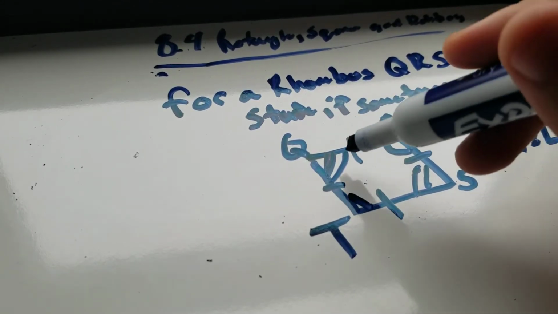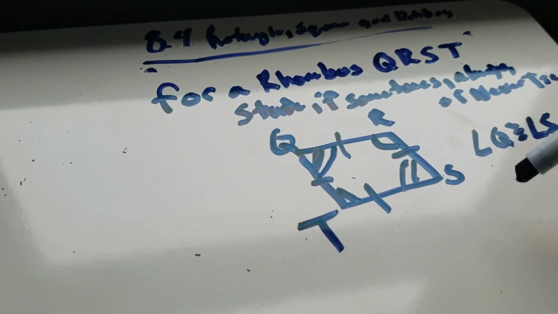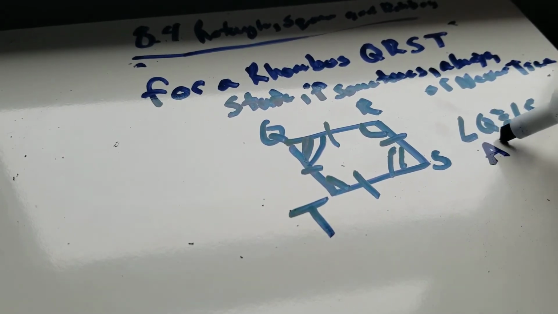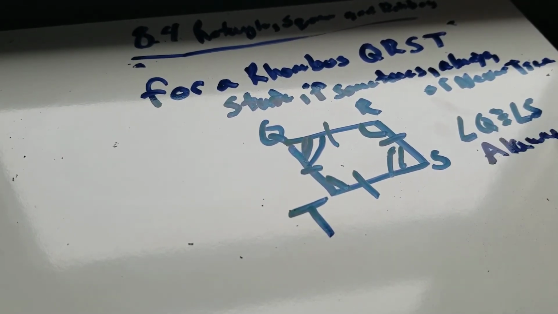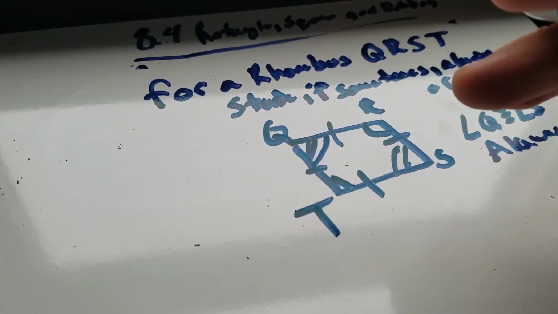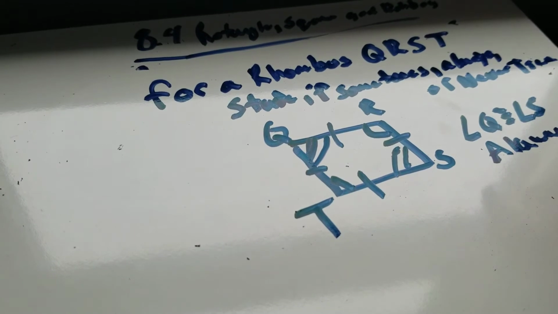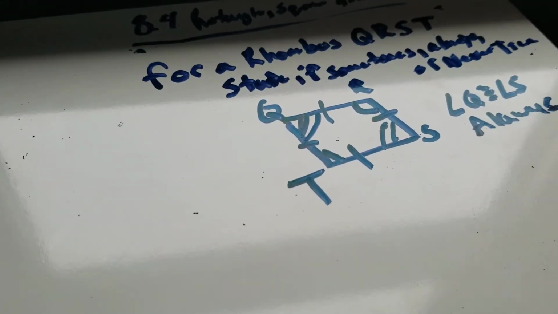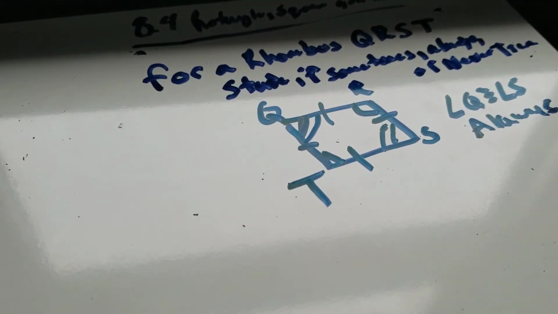So since these two opposite angles are congruent, Q and S is always true. Now, what I drew here is what we know for a fact every time with a rhombus, which includes some other facts with parallelograms.